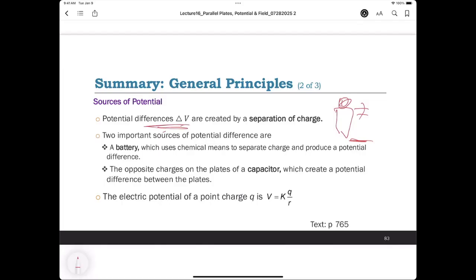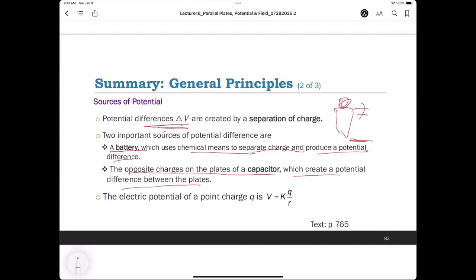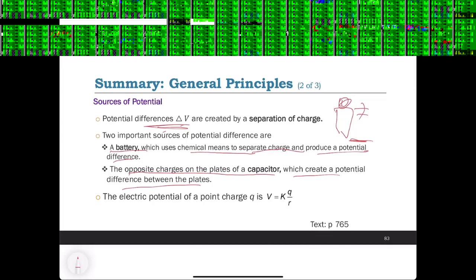Two important sources of potential difference are, one, the battery, which uses chemical means to separate charge and produce a potential difference. And the other is opposite charges on the plates of a capacitor, which create a potential difference between the plates.